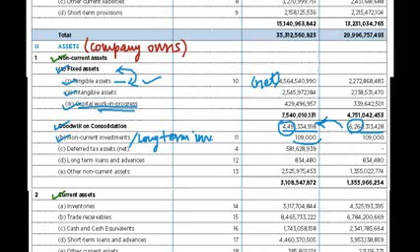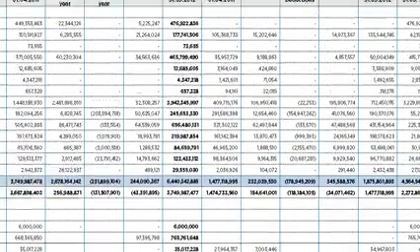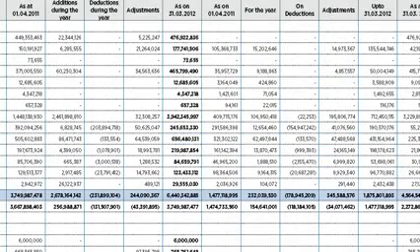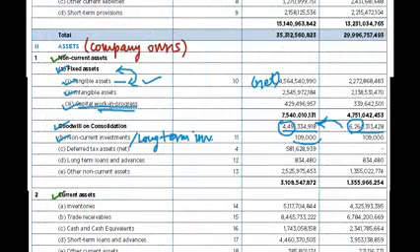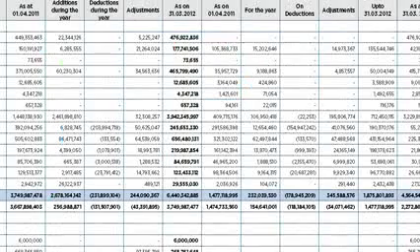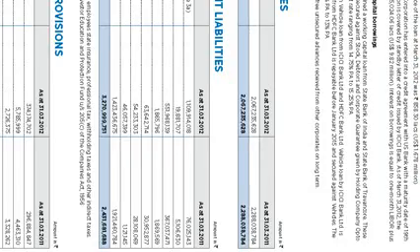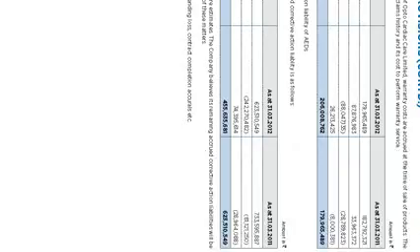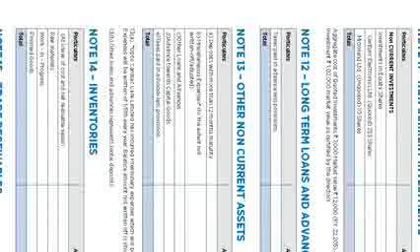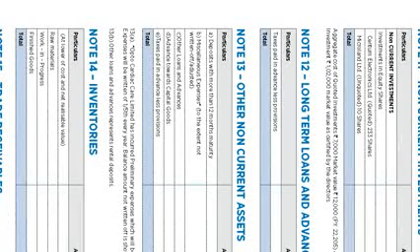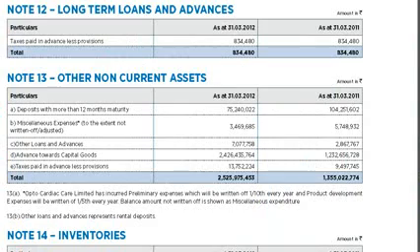Now, if I were to look at OptoCircuits statements, if I were to look at schedule number 11, so where's schedule number 11? This is 10 and this is 11. Yeah, just a second.